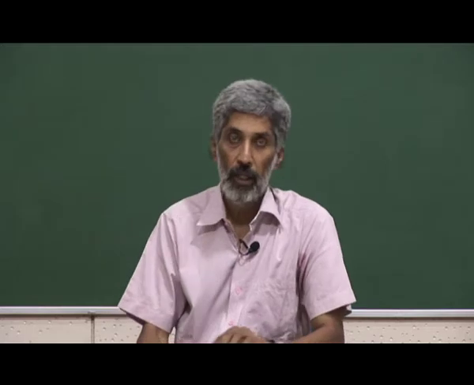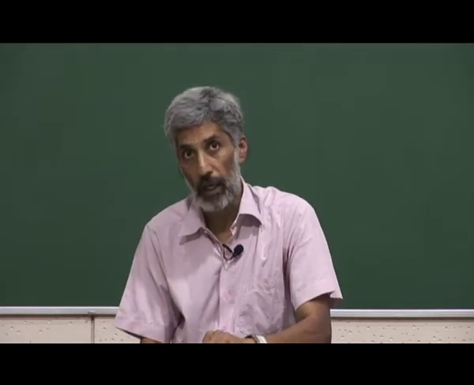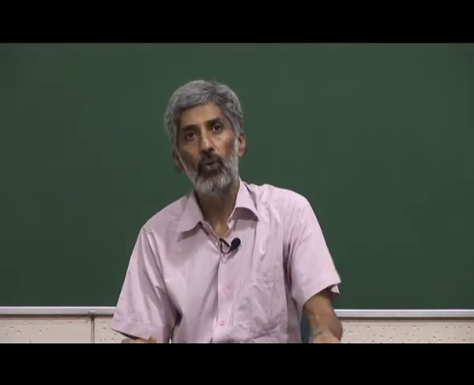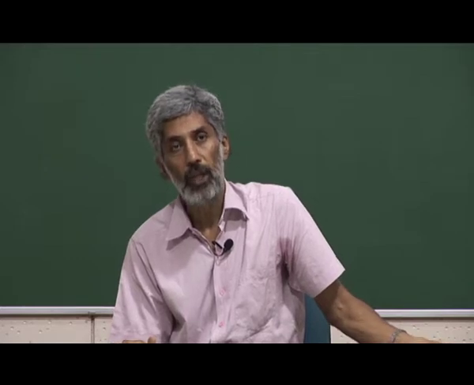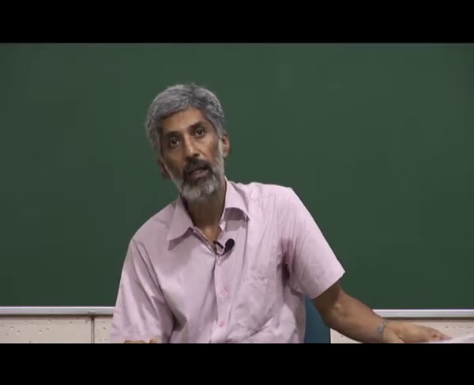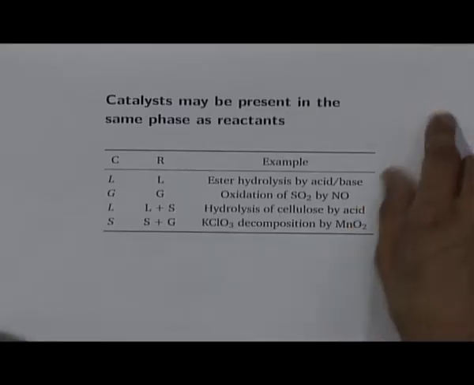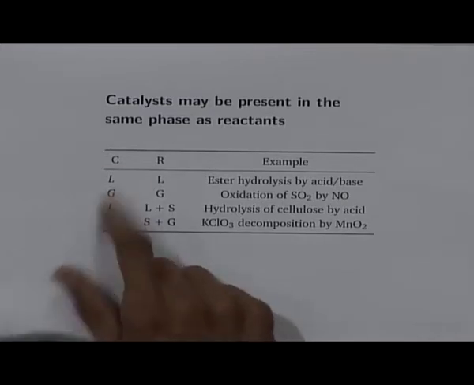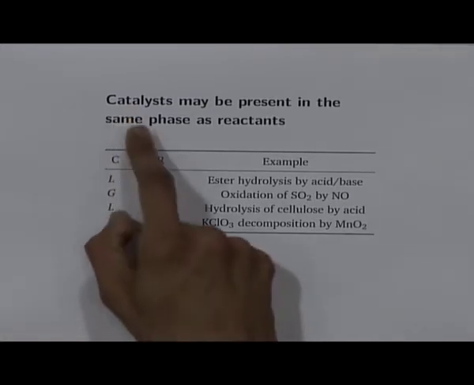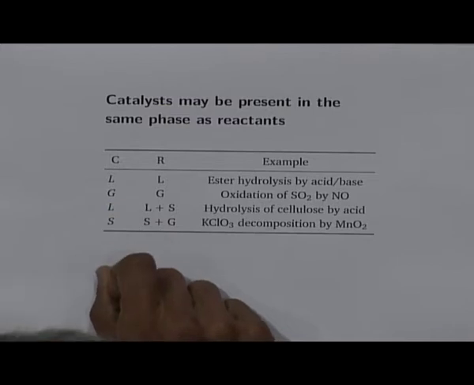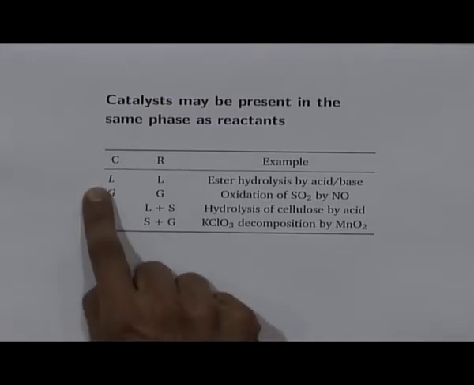So, it is only appropriate that we look at what happens in catalysis. And to keep going, one of the things that you will notice is that catalysts could be of any type, and here I have listed some of them. So, what we say here is catalysts could be in the same phase as the reactants. So, here I have just a variety.